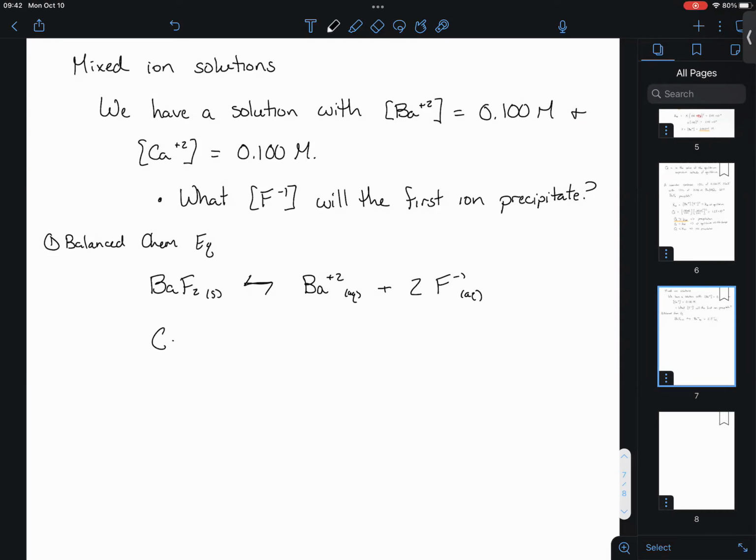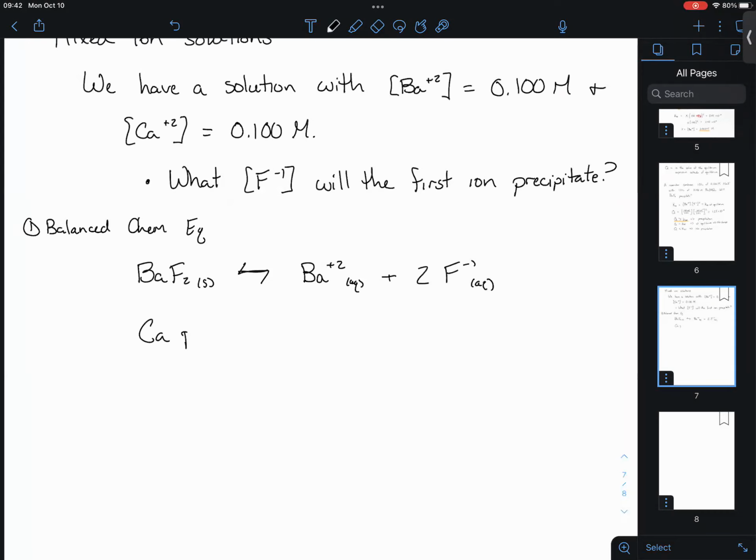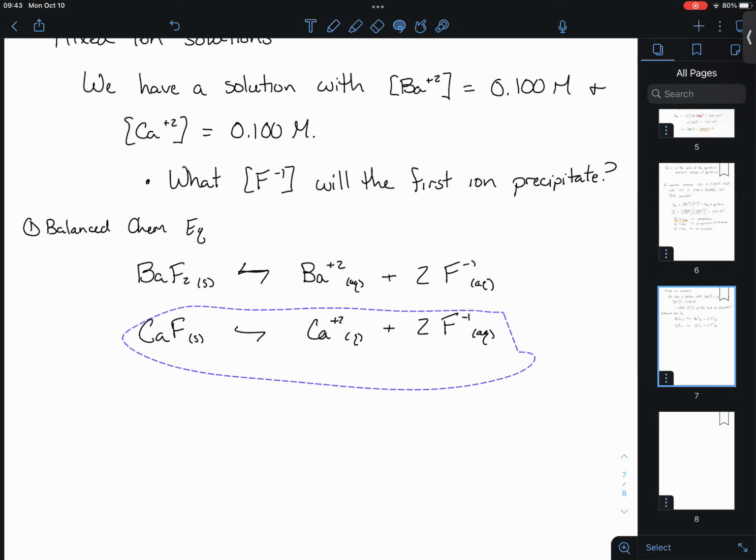We get something very similar for calcium fluoride, which gives us calcium ions and 2 fluoride ions. And then for each of these, we can get our Ksp expression.